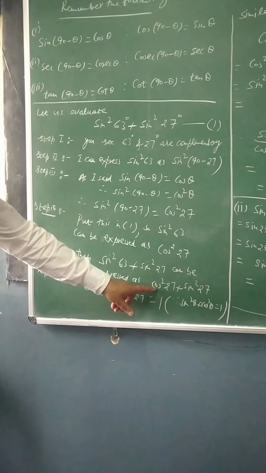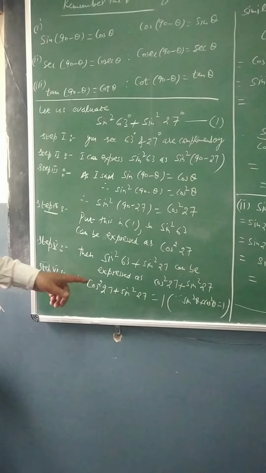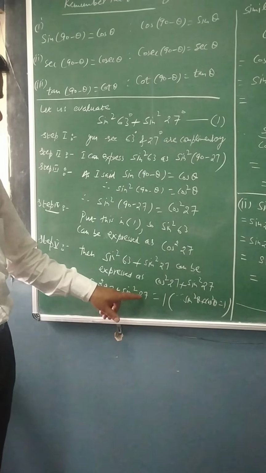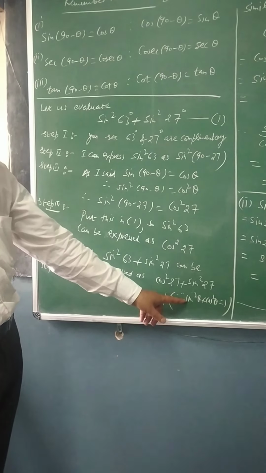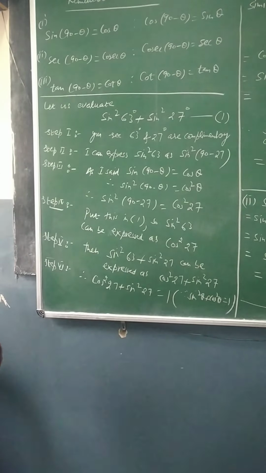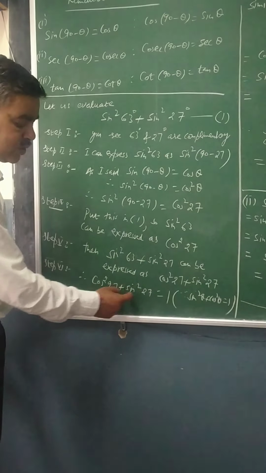So then I have written here cos square 27 plus sine square 27. Now cos square 27 plus sine square 27 will be equal to 1, because that also I shared with you, the first conditional identity, which is part of your exercise 8.4: sine square theta plus cos square theta is equal to 1. So please understand, theta here is 27, again it is 27, that should be common.